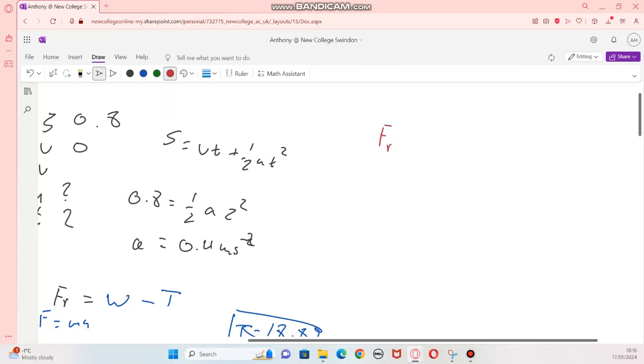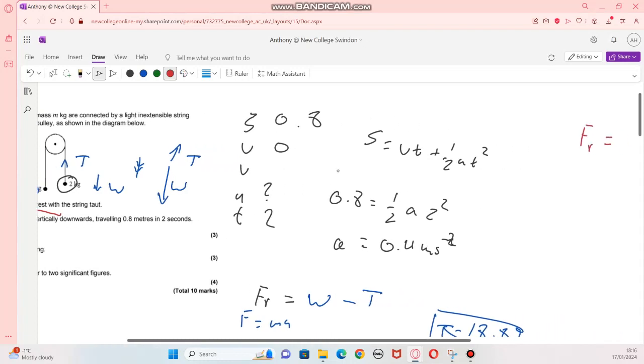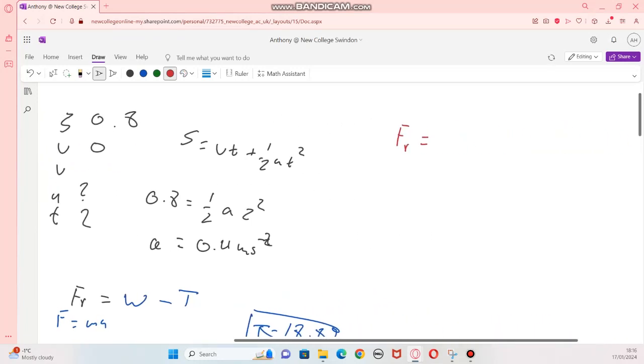The resultant force is equal to, since it's going upwards, the tension must be greater than the weight, because it has to be pulled upwards by the tension. So we have tension minus our weight, because weight is in the opposite direction.